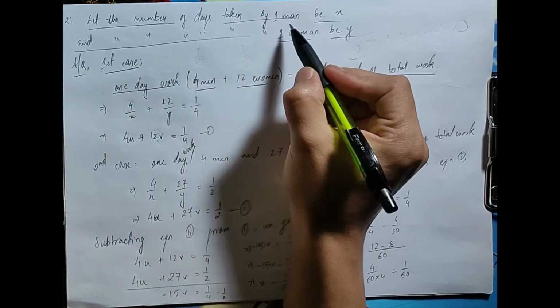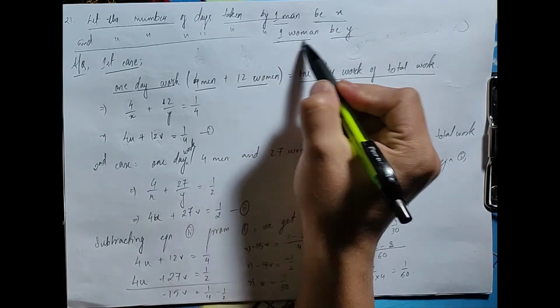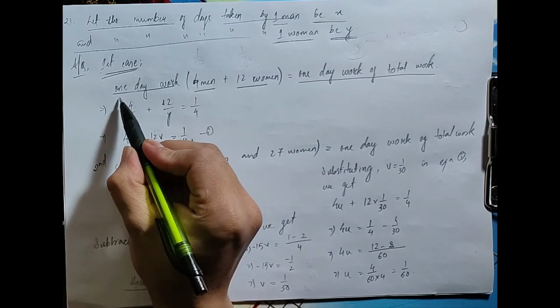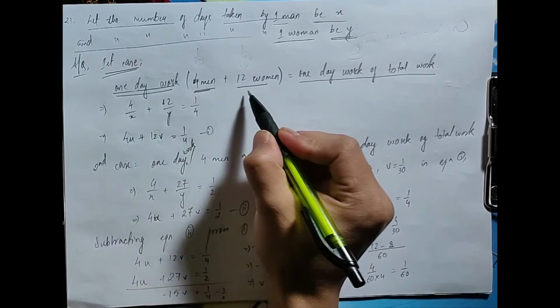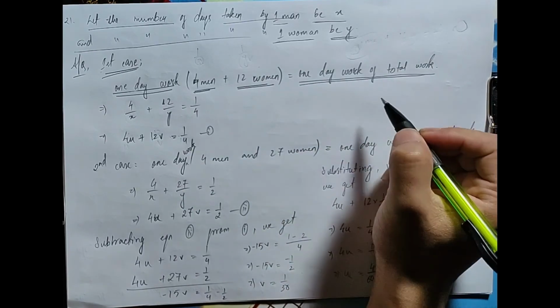Let the number of days taken by 1 man be x and the number of days taken by 1 woman be y to complete the work. Now in the first case, 1 day work of 4 men plus 12 women has to be equal to 1 day of the total work.